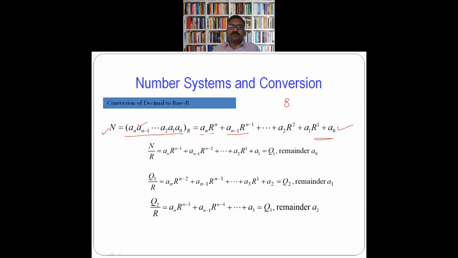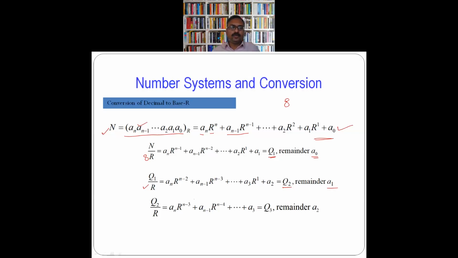If you want to convert this into an octal number, that is base 8, then you divide this N with the r, that means 8. You divide with 8, you will get some remainder, this remainder is nothing but a naught. Then whatever quotient you get, you divide again with r, you will get some remainder. Quotient you will get q2, remainder is a1.